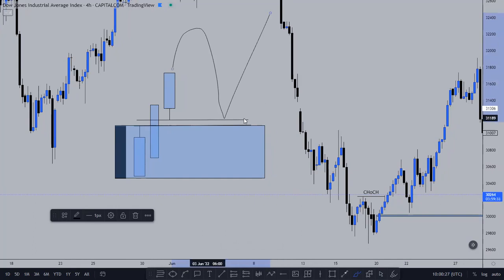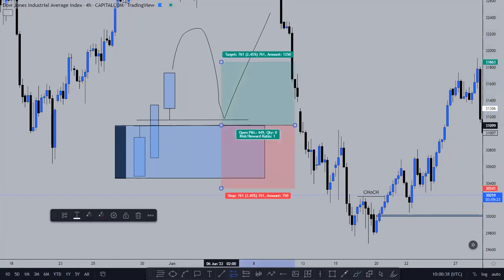So what I do, I always prefer the combination of the fair value gap or the imbalance and the order block. That's a very beautiful combination whenever I want to enter. So I enter my long position exactly on the fair value gap.